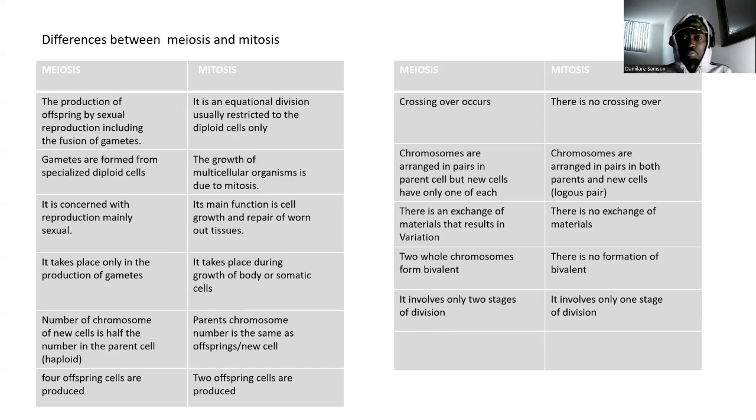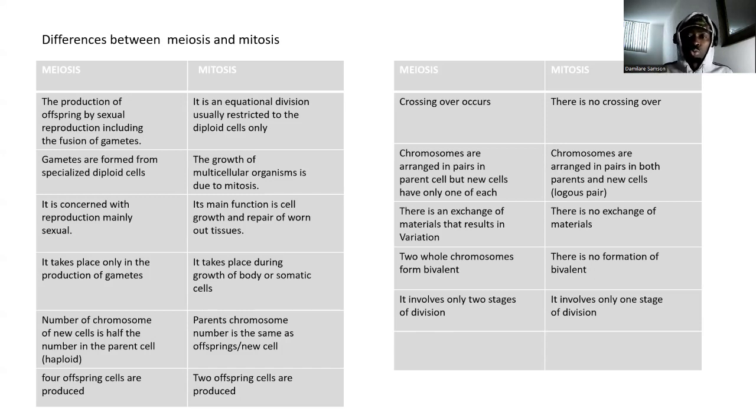In meiosis, chromosomes are arranged in pairs in the parent cell, but new cells have only one of each. So in parents you have them paired, which are homologous chromosomes, we talked about that. But in the offspring, each of them stands on its own. Under mitosis, chromosomes are arranged in pairs in both the parent and the new offspring, because the same way you have it in the parent is the same way you have it in the offspring.